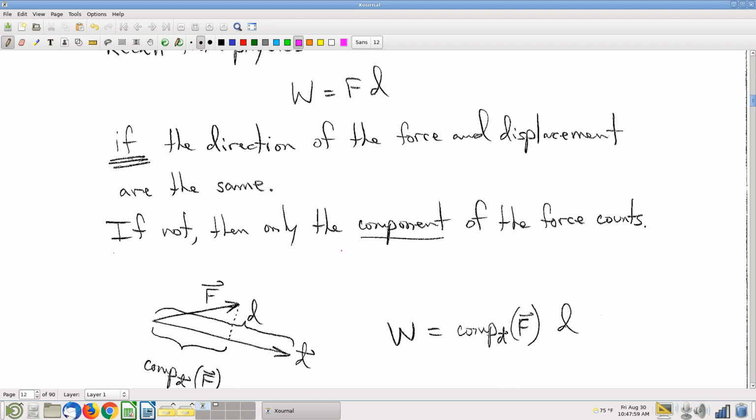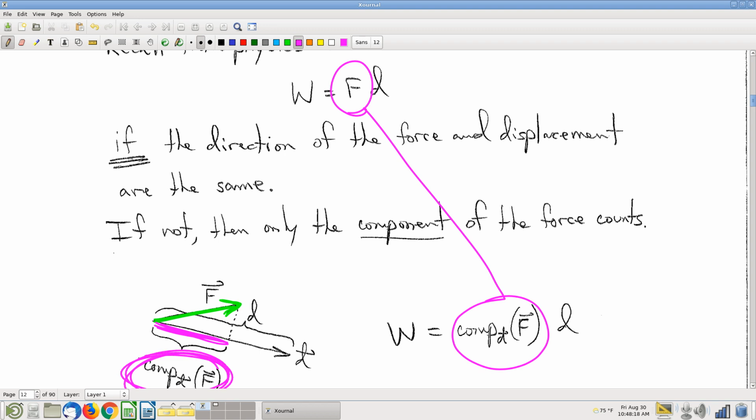And this is kind of annoying, but this force here, I'm not actually interested in the actual force vector or the magnitude of the actual force vector. I'm only interested in the extent to which it points in the direction I'm actually going. Right?